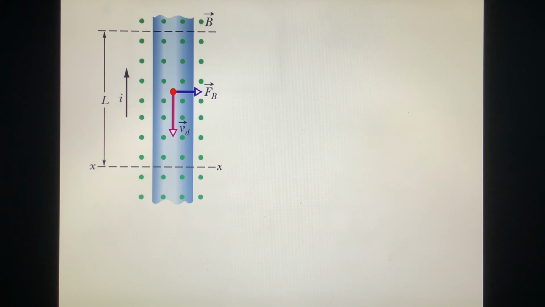Now let's calculate the force acting on a wire carrying current I. Suppose this is a section of length L. The force acting on this section is actually the force acting on all the conducting carriers in this section.